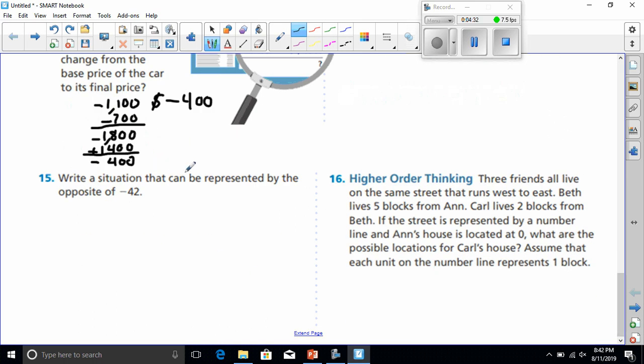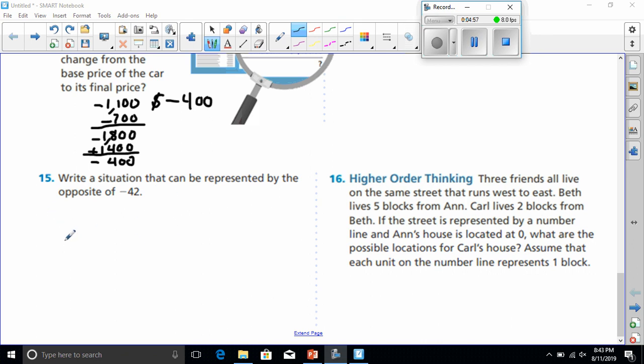Write a situation that can be represented by the opposite of negative 42. The opposite of negative 42, of course, is positive 42. So all I have to do is name a situation that requires you to go 42 forward.